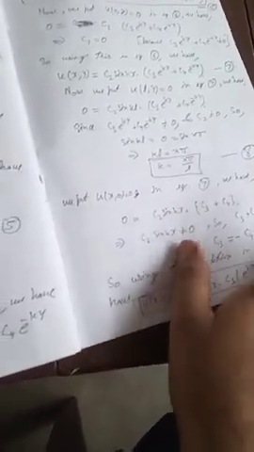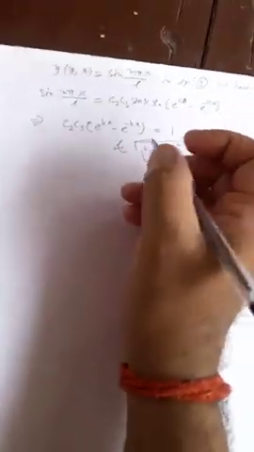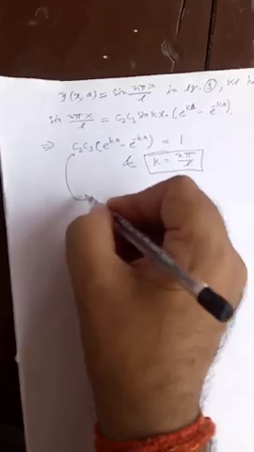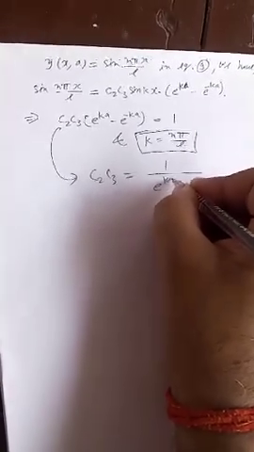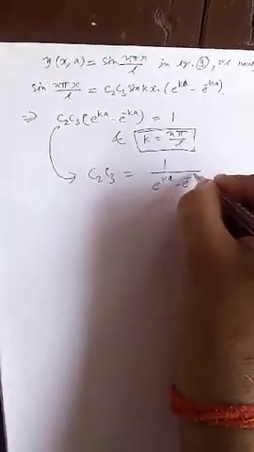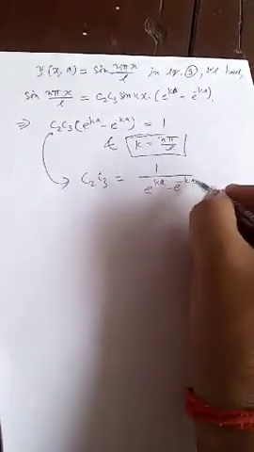This value of k we also obtain in equation 8, and from here we also obtain k is nπ/L. So C2 C3 will be equal to 1 upon (e^(ka) − e^(−ka)).